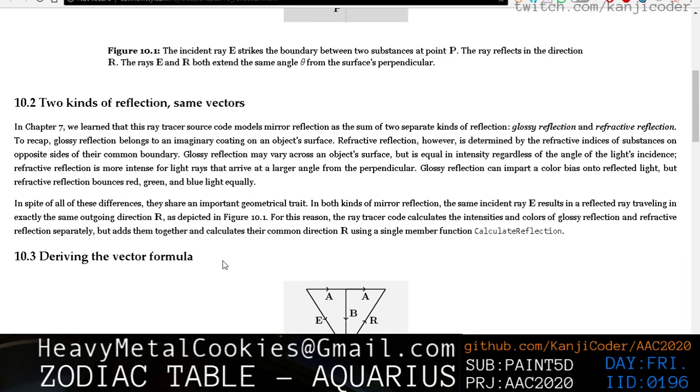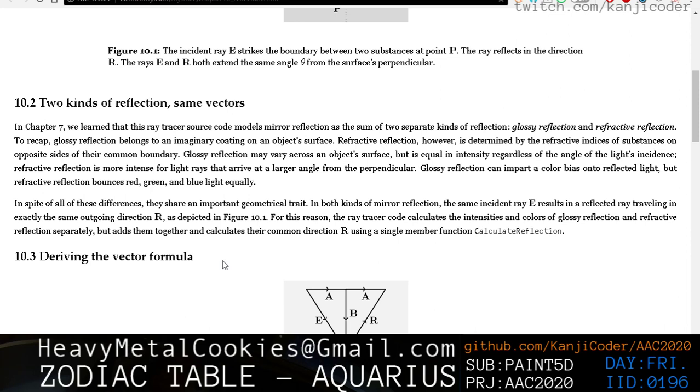I just want to calculate some angles here, but this is good information for when I work on some more rendering engine code. In spite of all these differences, they share an important geometrical trait. In both kinds of mirror reflection, the same incident ray E results in a reflected ray traveling in exactly the same outgoing direction R, as depicted in Figure 10.1.